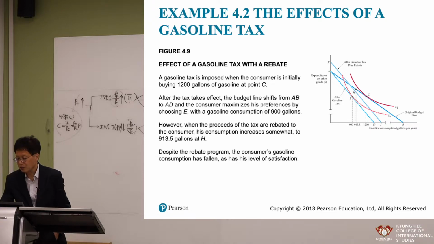And for the market demand curve, when the price is $4, individual A's consumption is 0, individual B this one, individual C this one. So this one plus this one is this one. Correct? At $3, individual A's consumption is this one, individual B's consumption is this one, individual C's consumption is this one. So the summation of these three is this one. So we can get this kind of market demand curve.